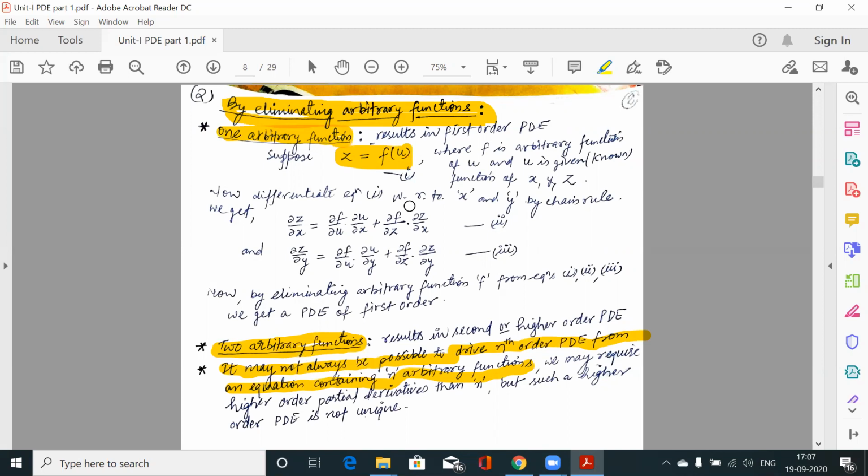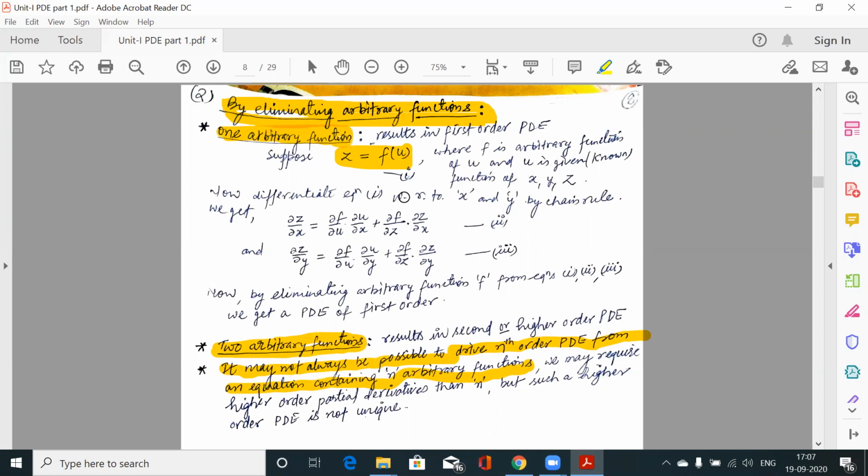If the first order derivatives do not give us the elimination, where we cannot get a PDE without any arbitrary function, then we have to move on to the higher order derivatives.